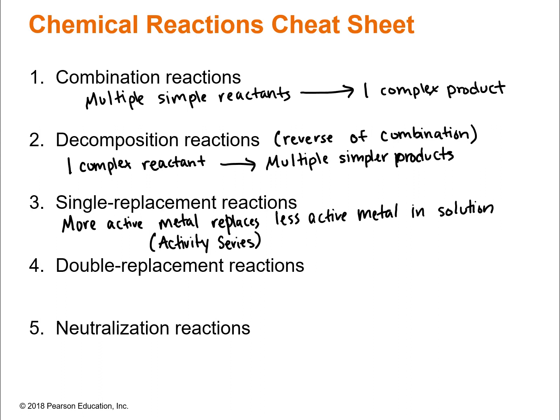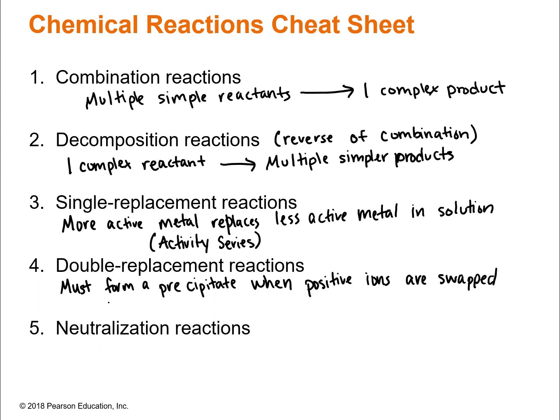Double replacement reactions must form a precipitate when you swap those ions. You need to use the solubility rules.